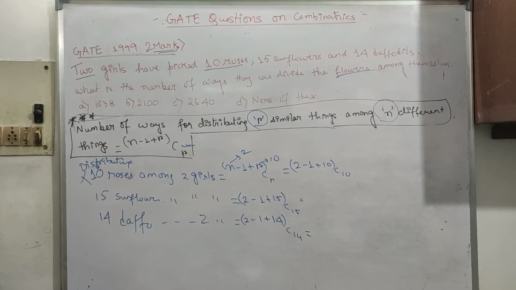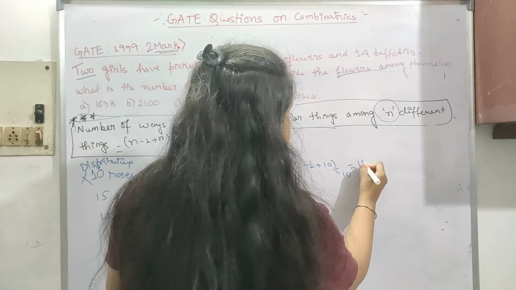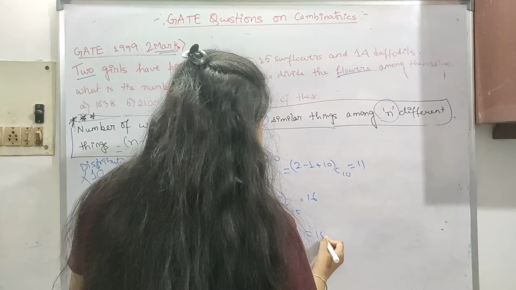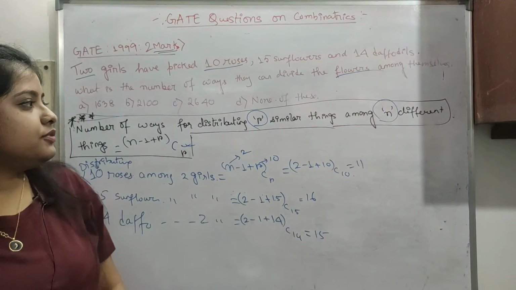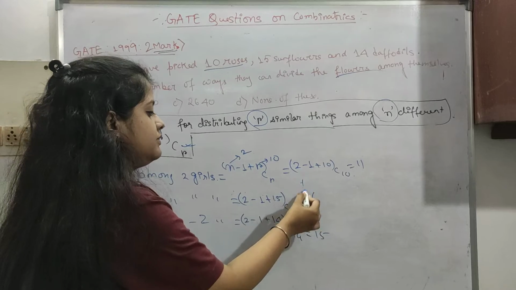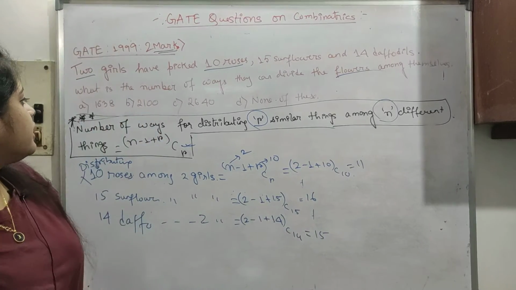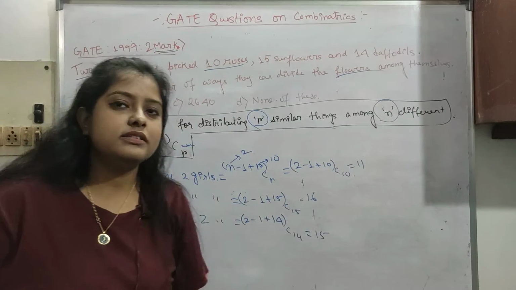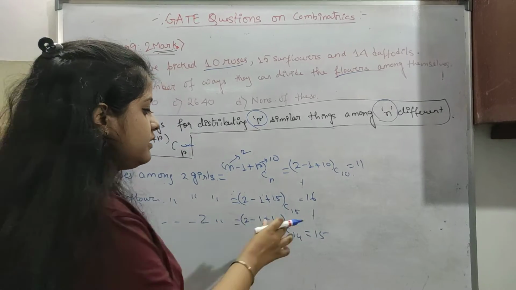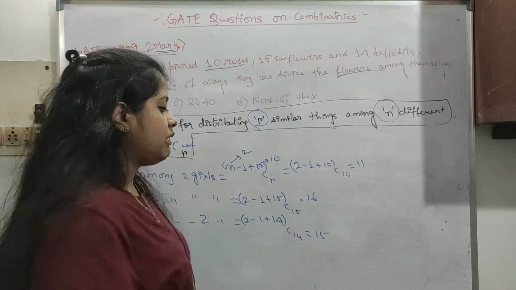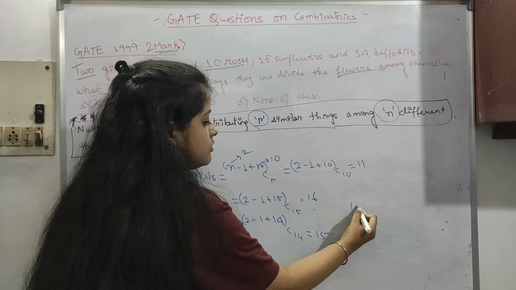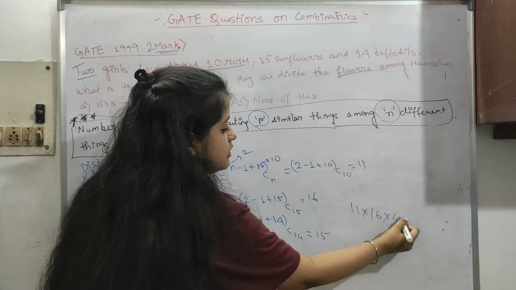The first one is 11, then 16, then 15. If you add these, it will give you the wrong answer, you would put none of these and get negative marking. It is not plus, it is multiplied, so the total is 11 into 16 into 15.